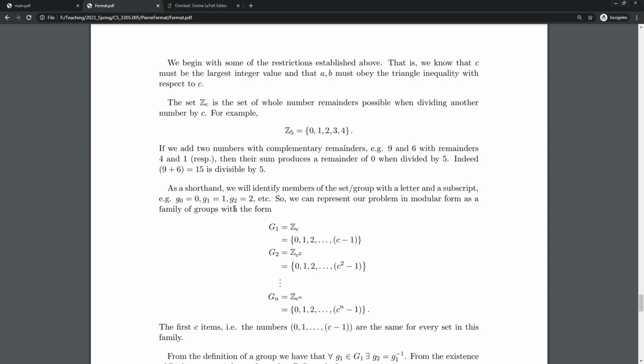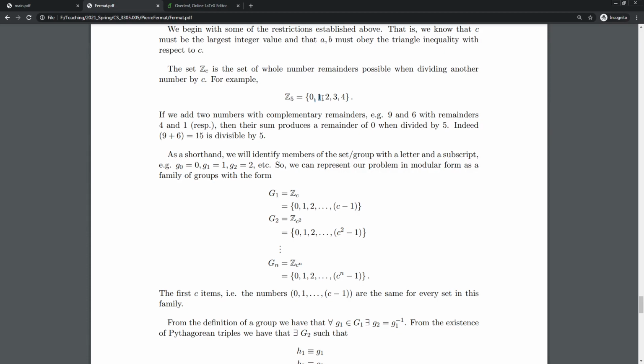And so the way this relates back to Fermat is that for every one of these numbers, whenever we're adding them together, we see that there are pairs where if we add something with a remainder of 1 to something with a remainder of 4, we end up with something that is divisible by 5. If we add something that's divisible by 5 to another thing that's divisible by 5, then the whole thing is still divisible by 5. Likewise, remainder of 2 with remainder of 3, we get something that's divisible by 5.